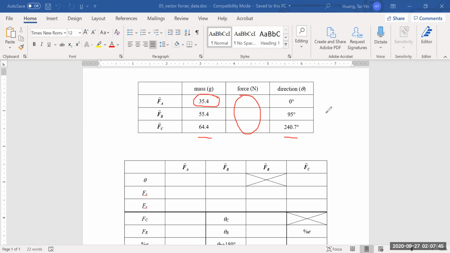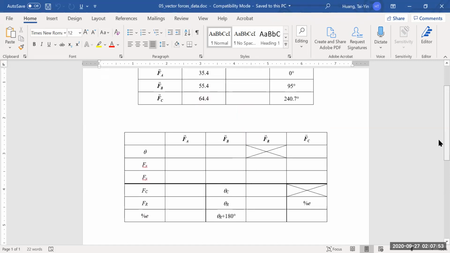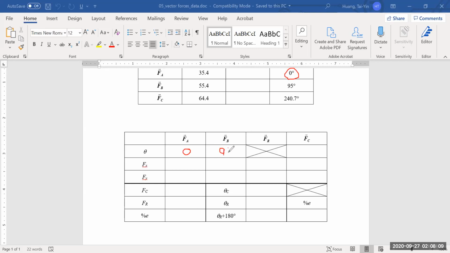So once you have the information in front of you, then you can actually start putting some of the things in here, because force A has an angle theta of 0, so you can put 0 there, and the angle for force B is 95, so you can put 95 there. Okay, and then FC, you're already given an angle here, so you can just put that down. So all of this is already given. You don't have to do any calculation.